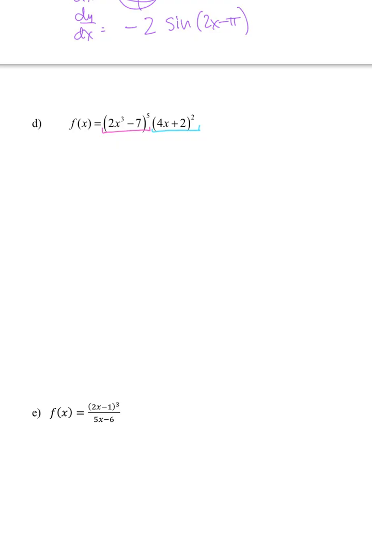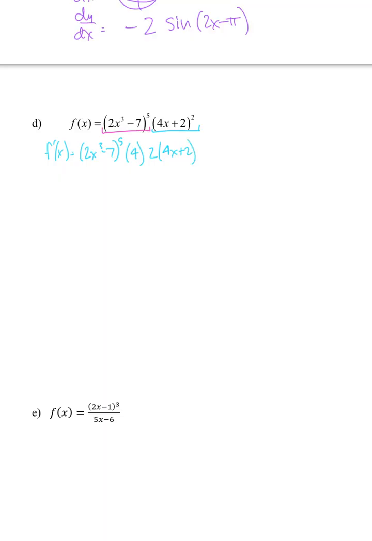Let's see if we can take this as reasonably slow as possible. All right, so the derivative. It's the first. That part's easy. Times the derivative of the second. Okay, the derivative of the second is first the derivative of the peanut, and then the derivative of the entire M&M.